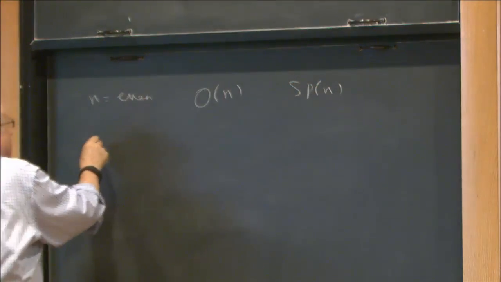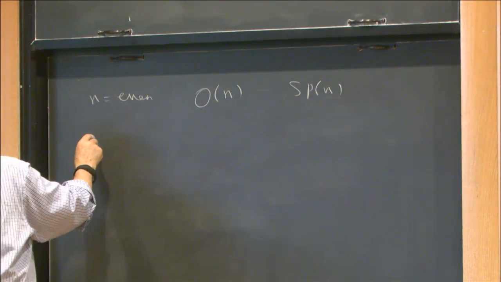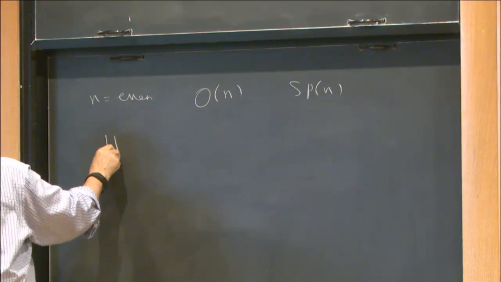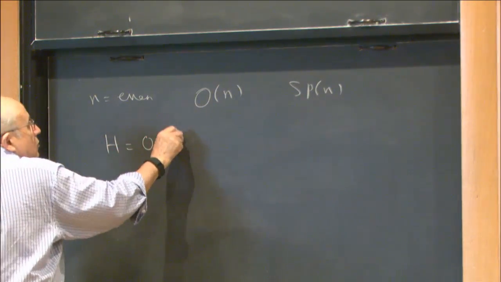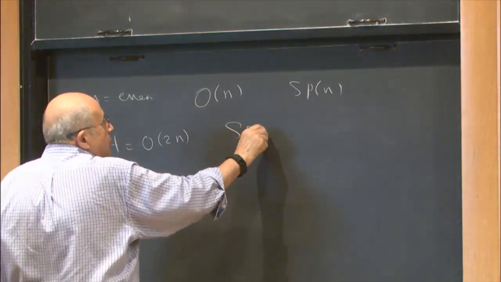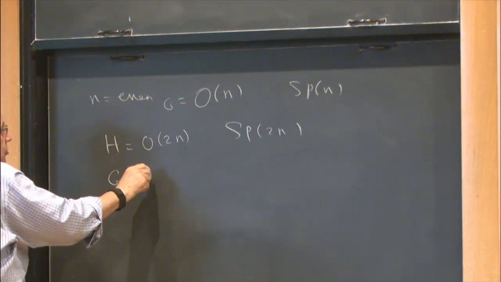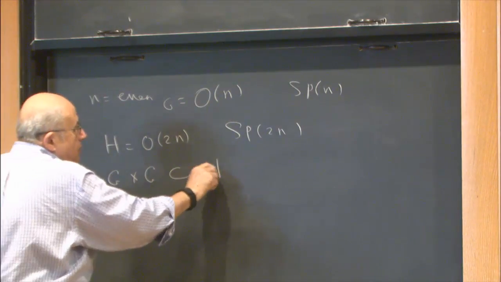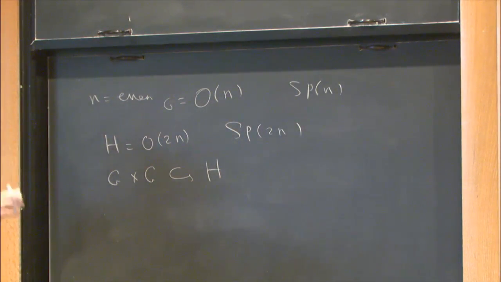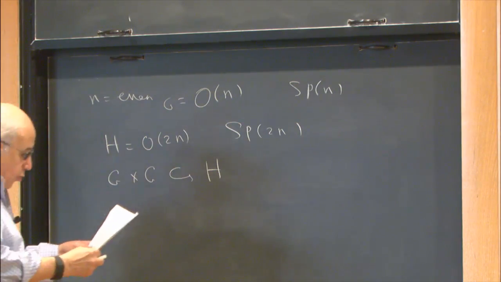They define a group H by the doubling. So H would be either O_2N or Sp_2N. This is group G, and G cross G embeds in H. They imitated what Godement-Jacquet did, of course, in their own way.